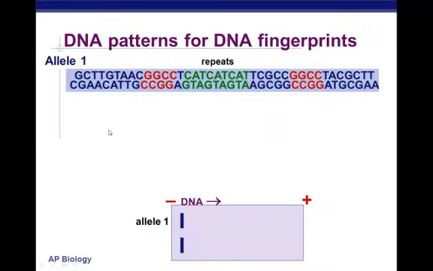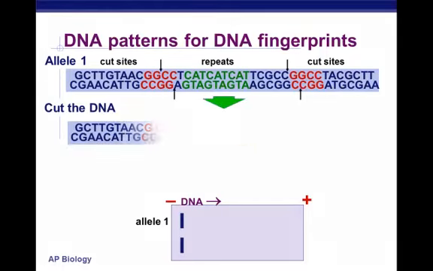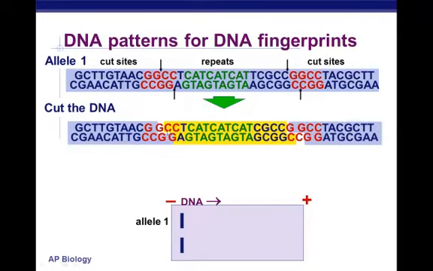So if you look at a pattern, here's an example of a piece of DNA, and remember our restriction sites now are going to cut the DNA into fragments, and we're going to use restriction enzymes to do that. If I take my cut DNA, I'm going to have 3 fragments.